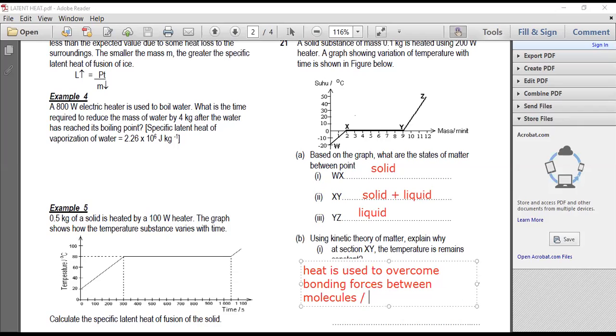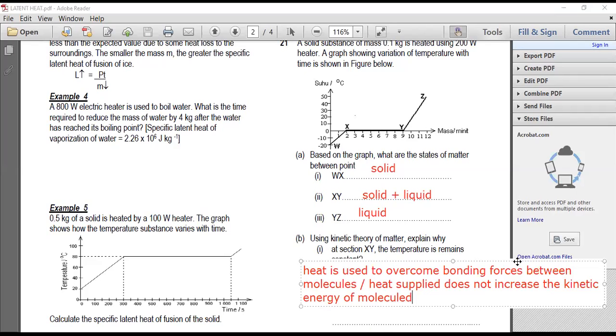Or you can even say heat supply does not increase the kinetic energy of molecules. So you can choose either one.